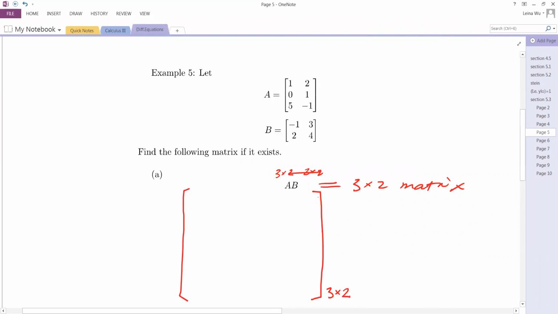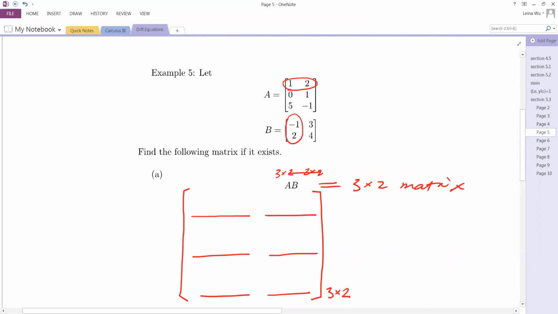So there should be 6 entries: 1, 2, 3, 4, 5, 6. First entry will be in the first row, first column. Then we should take the first row of matrix A and the first column of matrix B, right?